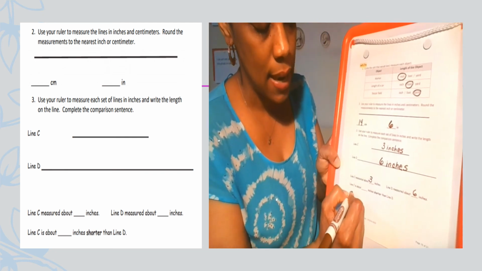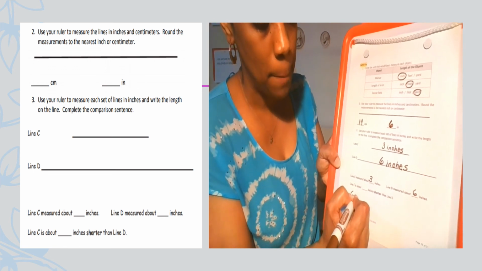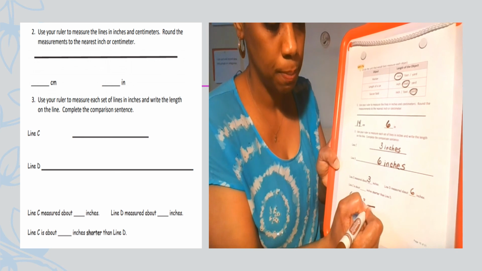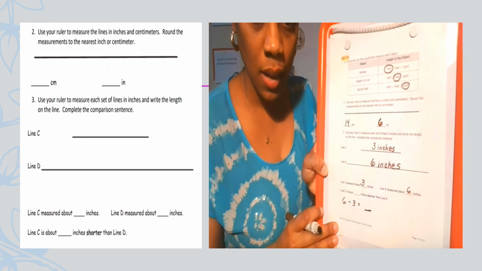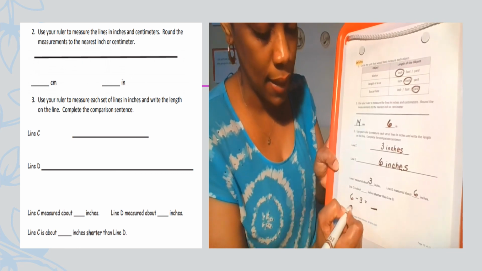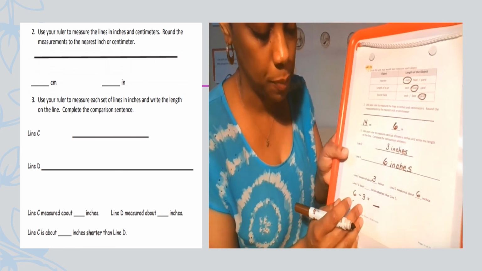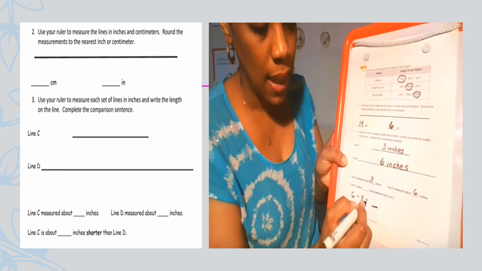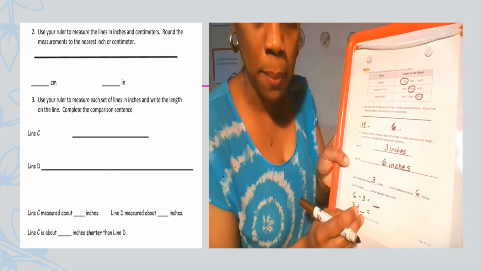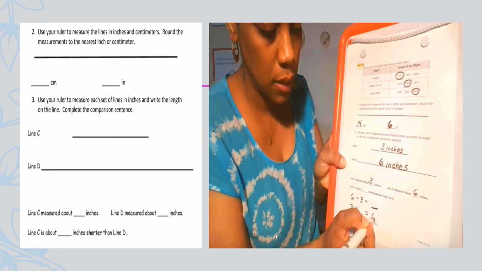I can say 6 minus 3 equals. Another way I could do it, I could start with the shorter side. I can say, well, if I have 3 and I add to 3 in order to make my longer side 6.